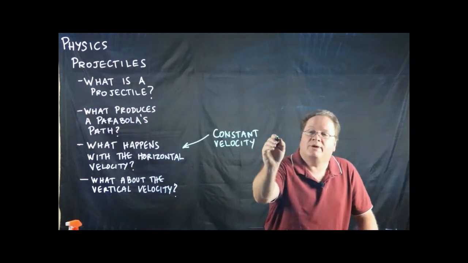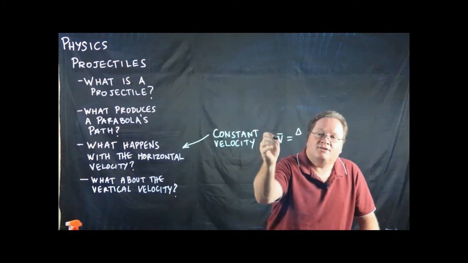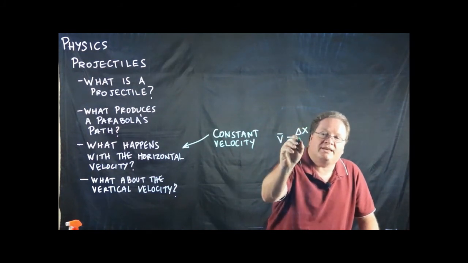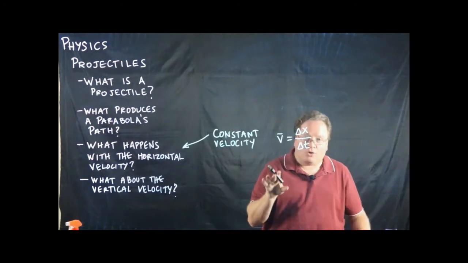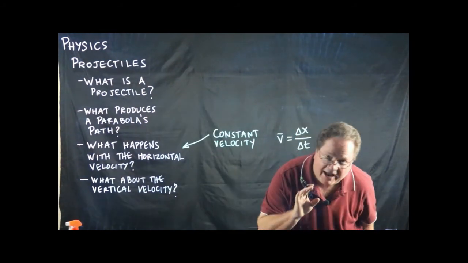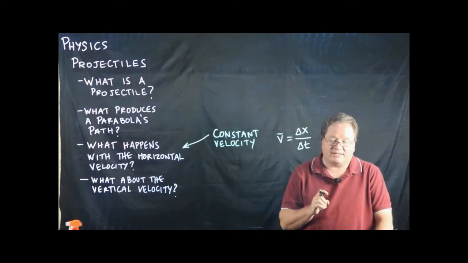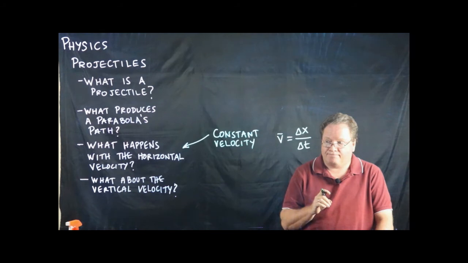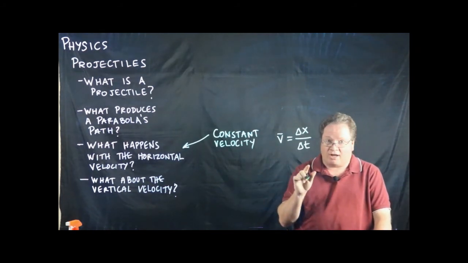And that is the basic average velocity formula that says velocity equals displacement over time. That is the only formula that you will ever have to use when you talk about the horizontal velocity of a projectile.